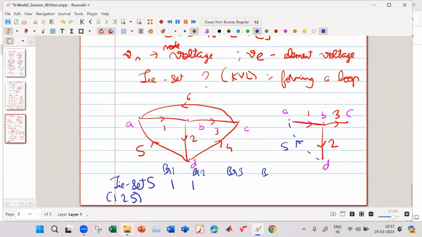Branch 3 is not there, so 0. Branch 4 is also not there, 0. Branch 5 is there, so 1. Branch 6 is not there, so 0. And since 5, 1, 2 are all in the same direction, we give it the number 1. All right?